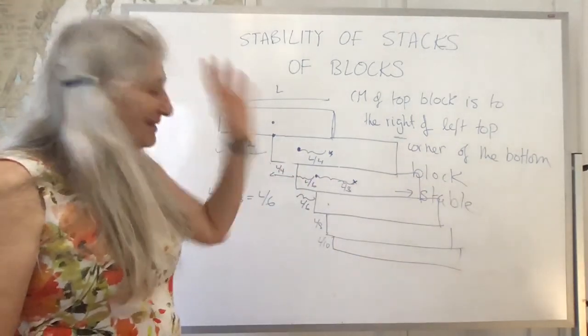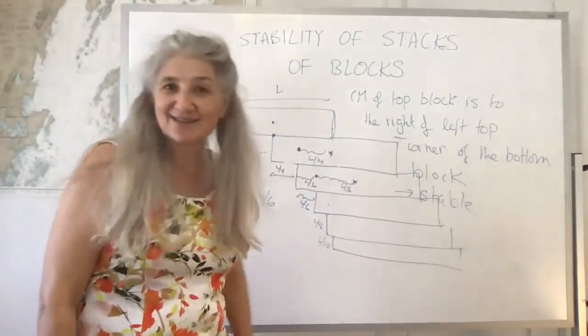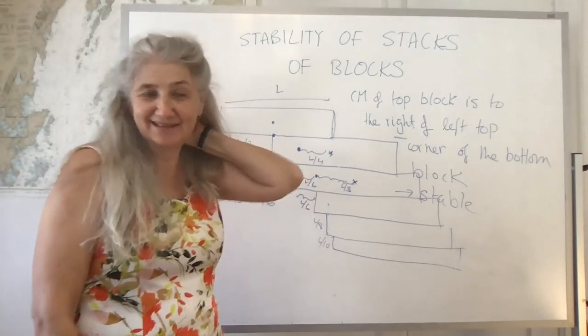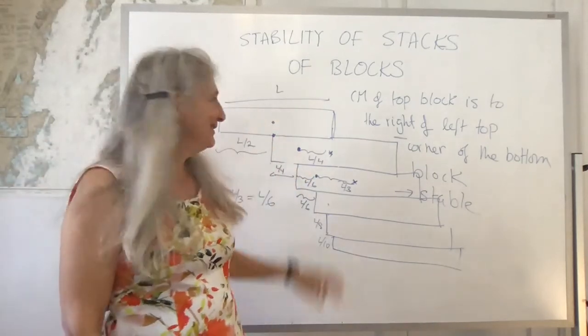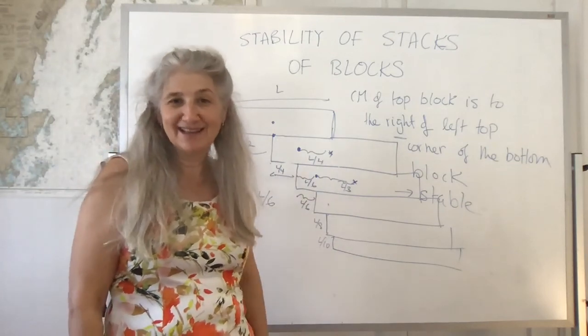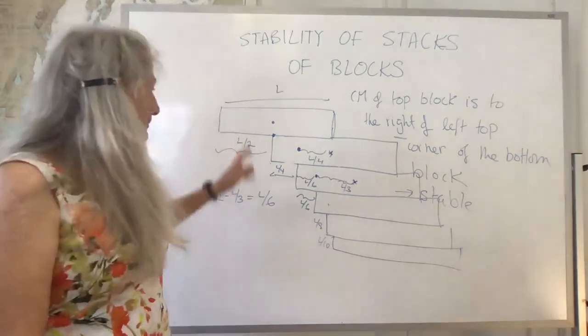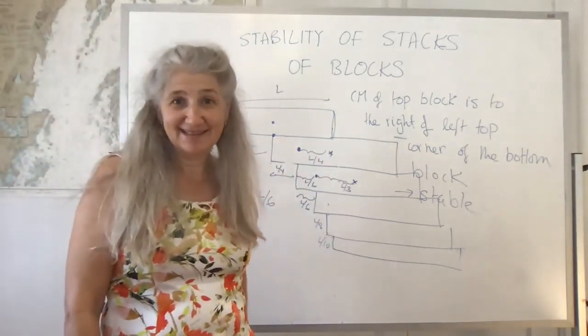So one thing to mention is for this particular problem, I assumed all the blocks are uniform density. If you want to fool with people's intuition, you could drill holes in blocks or add weights and make them balance in unexpected ways, because the relevant thing is the center of mass position.